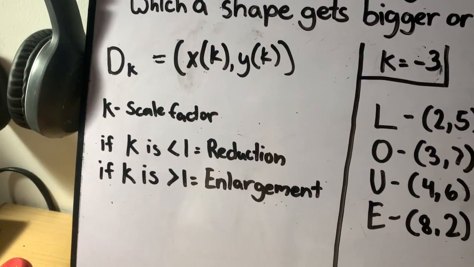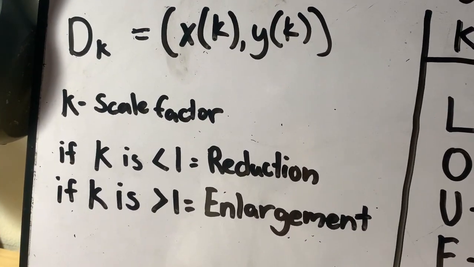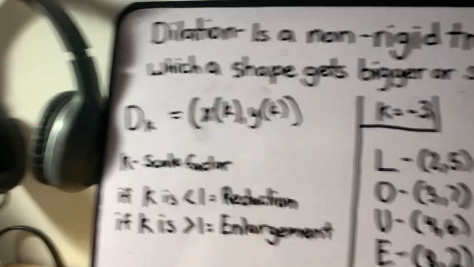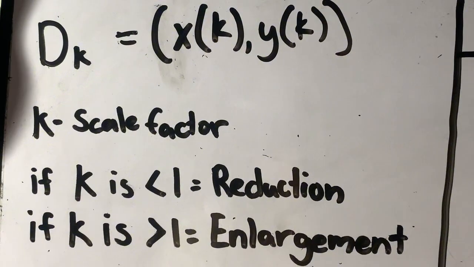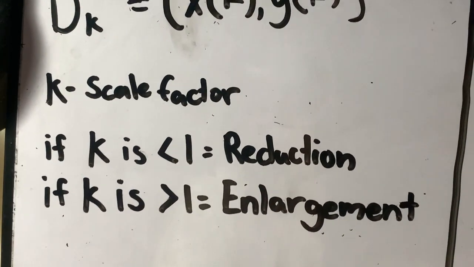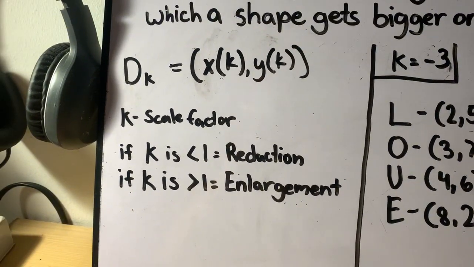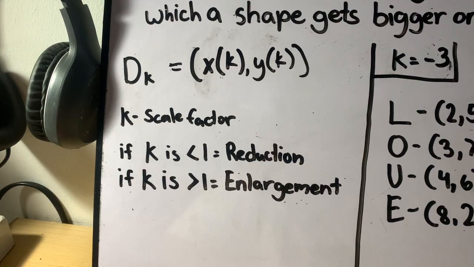So K is our scale factor in this one. It's different from the y equals k. If K is less than 1, that's what we call reduction, so from -1 to -infinity, that is called reduction.